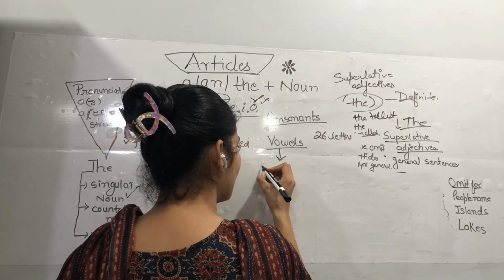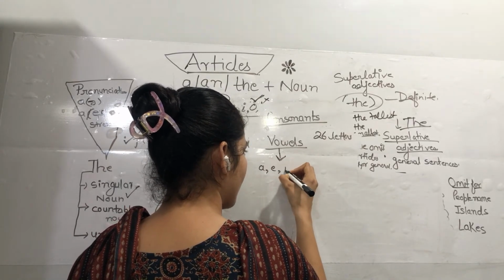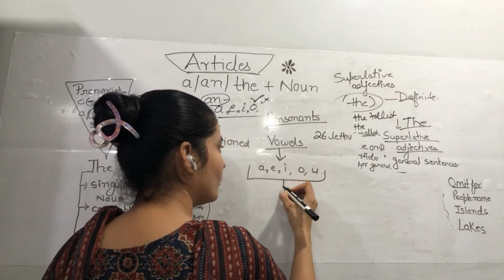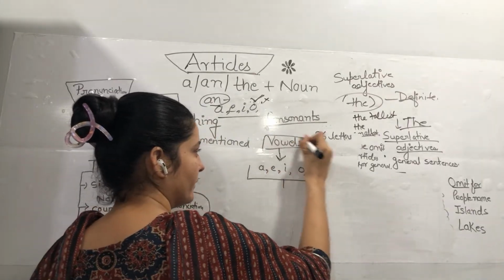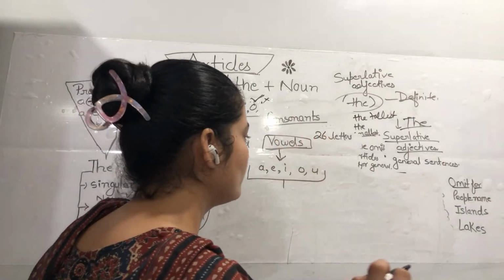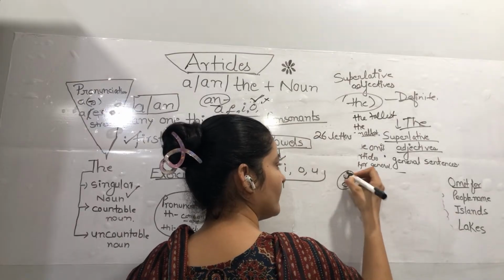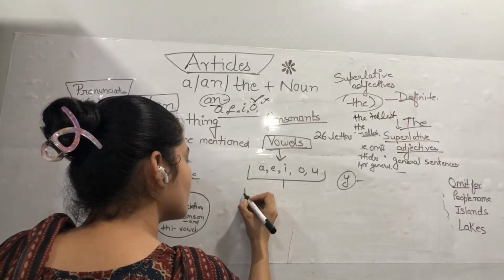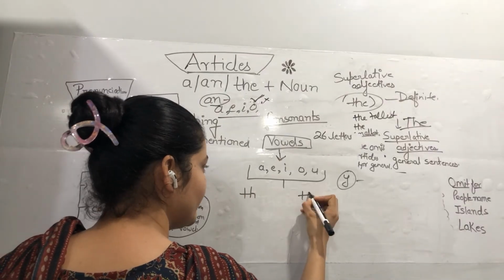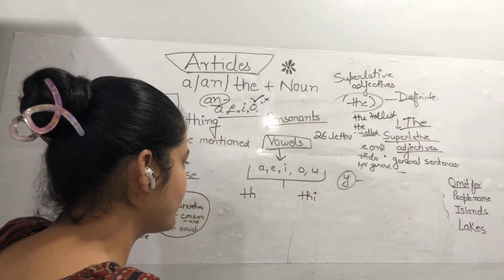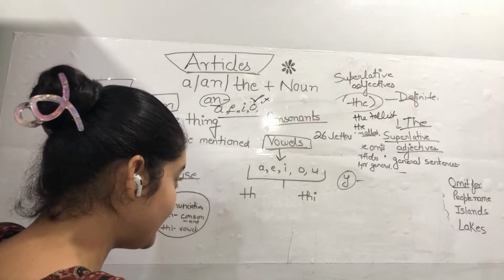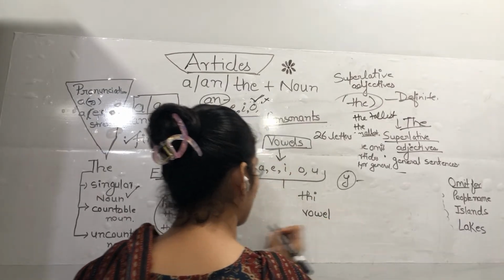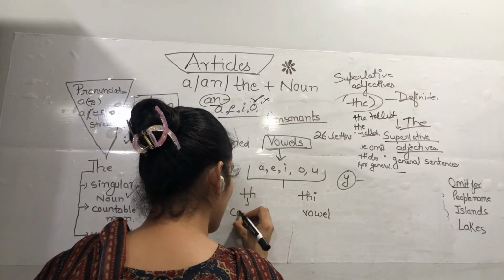So A, E, I, O, U, these are all vowels. And one special vowel is also there, which I'll tell you about later. Now the and the, you can see the phonic sound also. The is used with a vowel and the is used with a consonant.